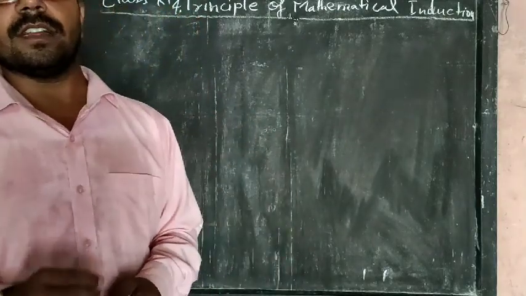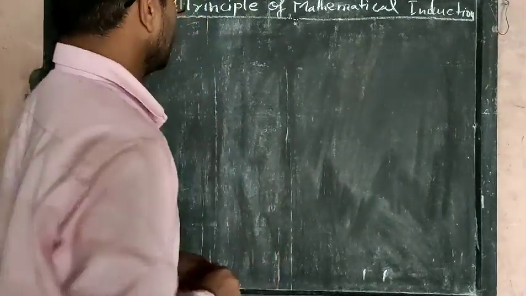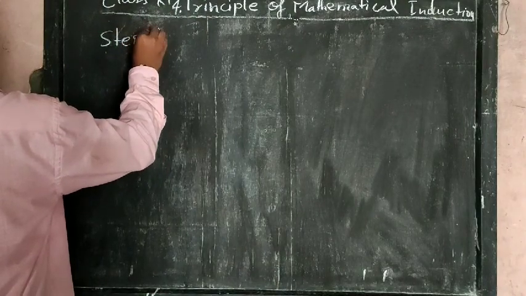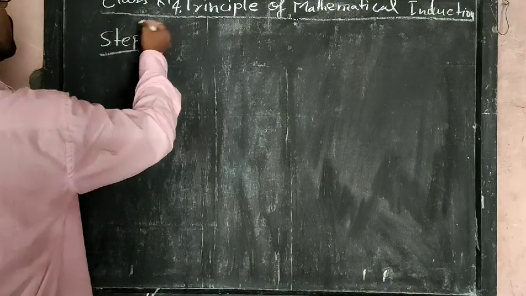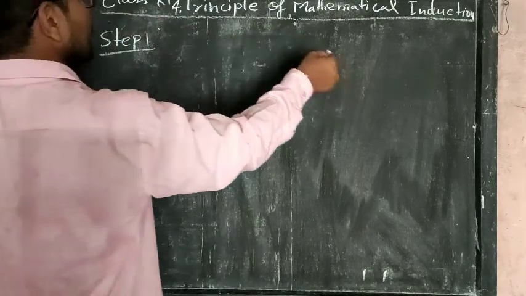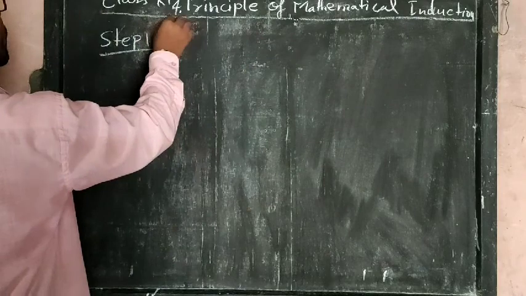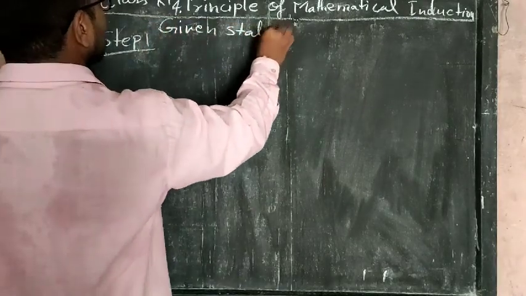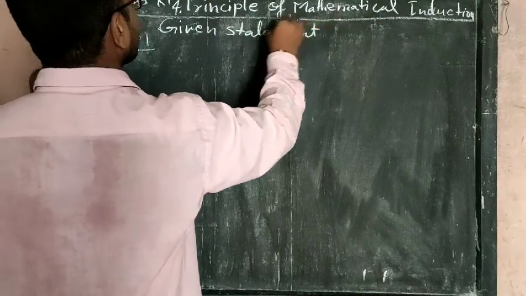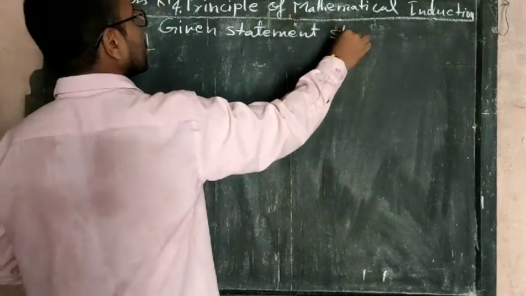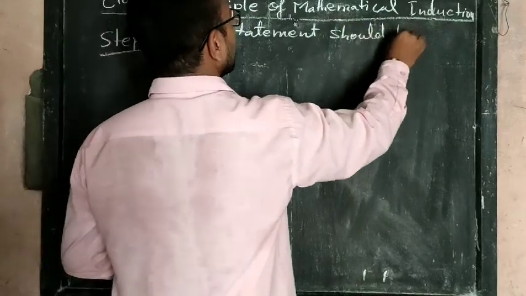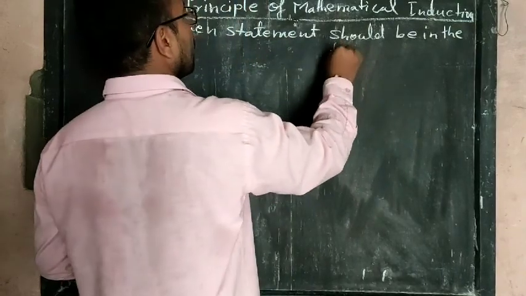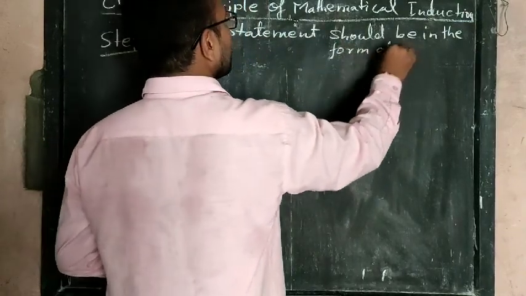we will always write down the given statement with the key n. So step number first would be there. Step first, the given statement should be written in the form of Pn.